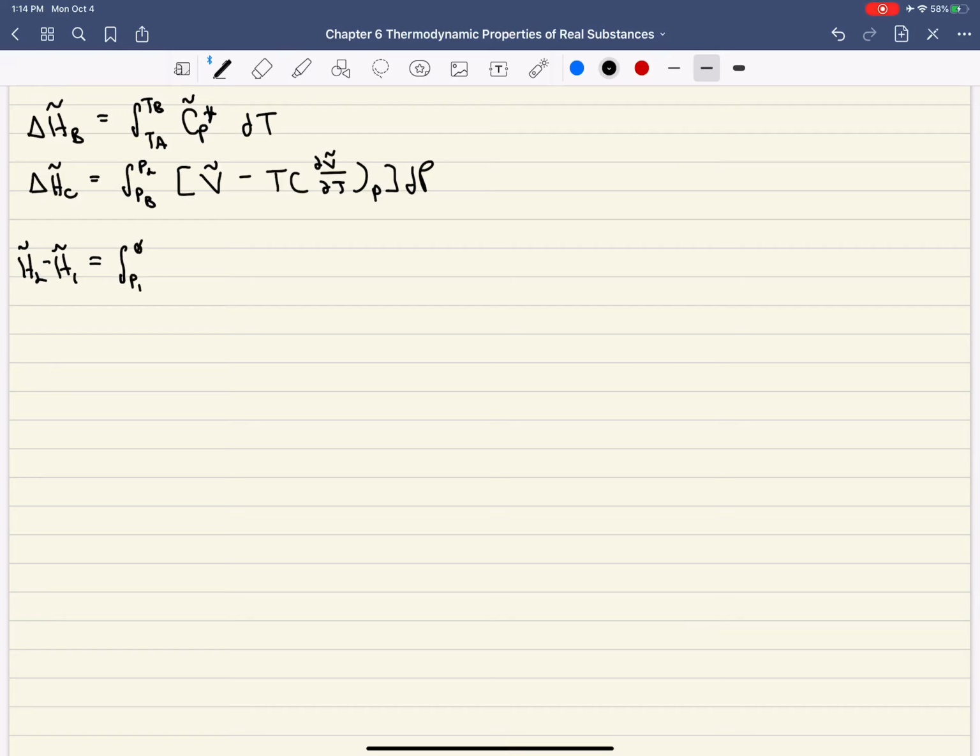So for HA, we're going from pressure 1 to 0 pressure. For HB, we're changing the temperature of the ideal gas, and then for HC, we're going from 0 pressure to P2.